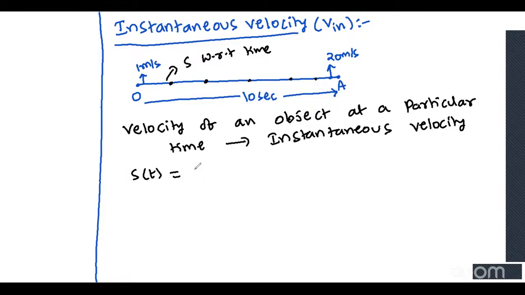A simple equation I'm taking: t cube minus 2t square plus 10t minus 20. Like this, they will give the equation. We need to find the instantaneous velocity at t equal to 2 seconds.